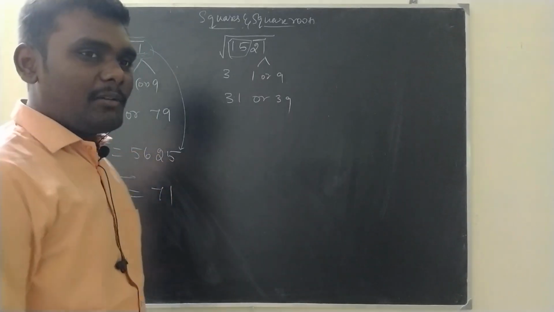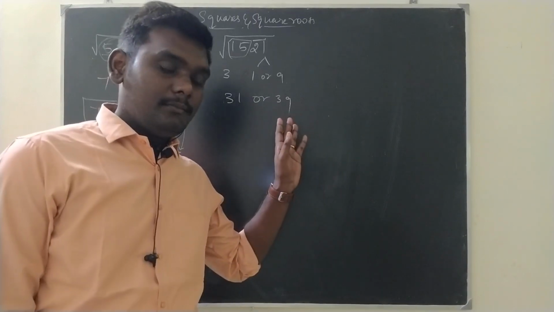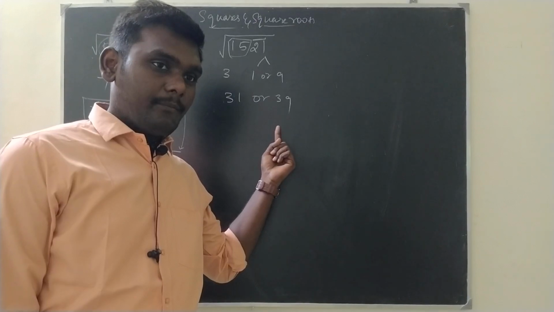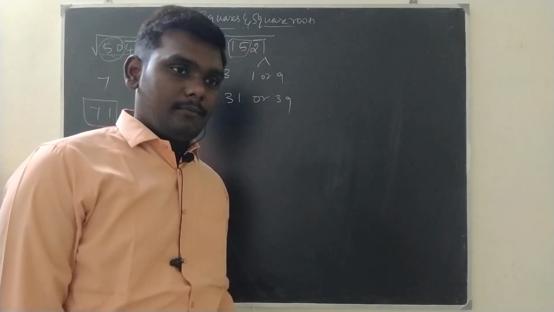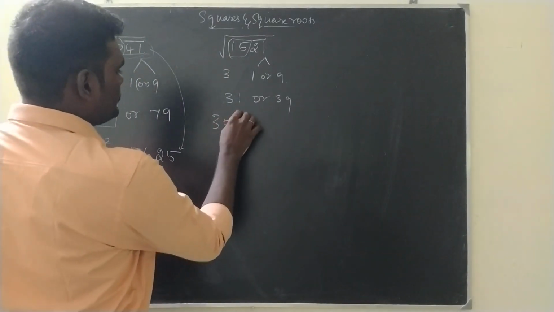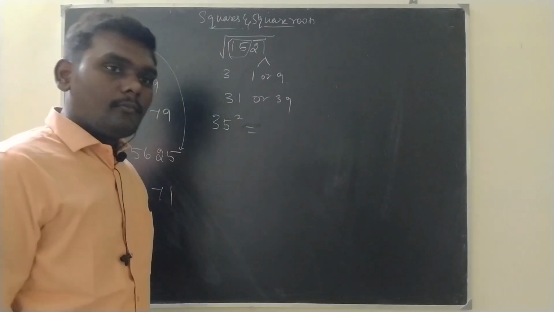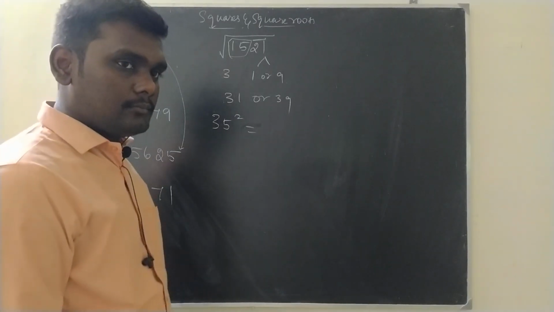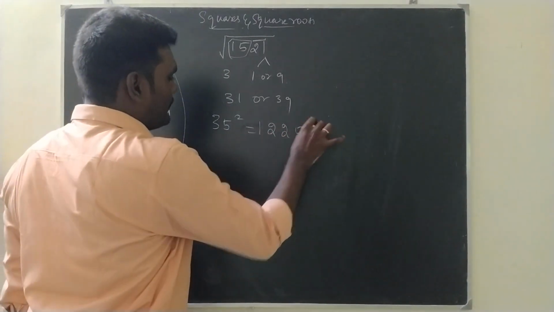How will you find whether it is 31 or 39? By comparing the given number with what 5? Which multiple of 5 lies between these two numbers? 35 square. What is 35 square? Come on. 1225. In this session itself, I asked you 3 times.